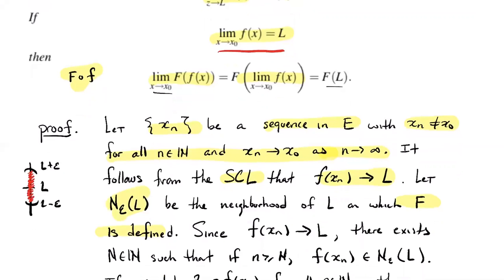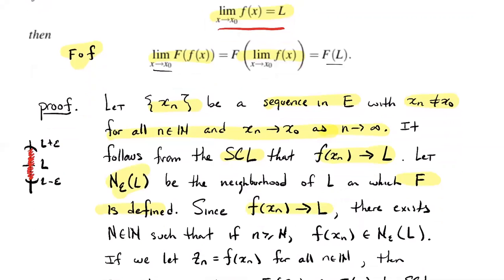But I have this sequence f of xn converging to L. So for sufficiently large n, for n greater than or equal to capital N, f of xn is going to eventually be in there. If I take n big enough, my sequence terms, f of xn, are going to all get in that epsilon neighborhood of L and stay there. That's because the sequence f of xn converges to L.